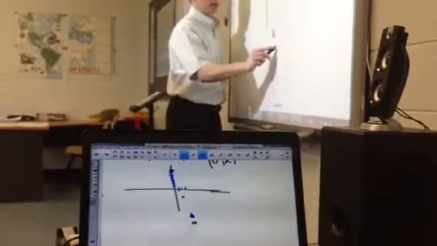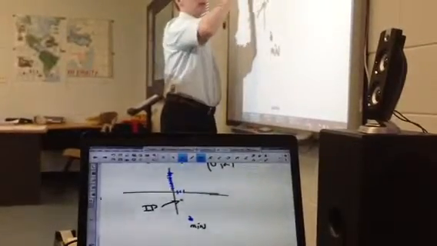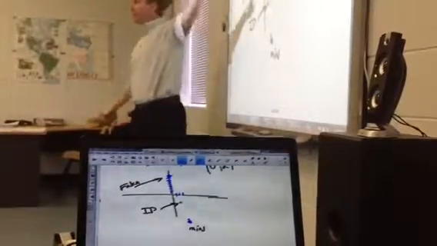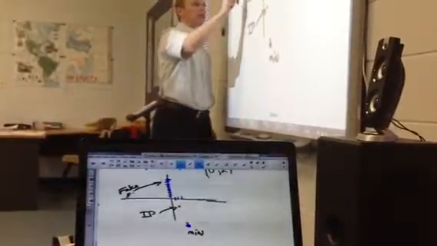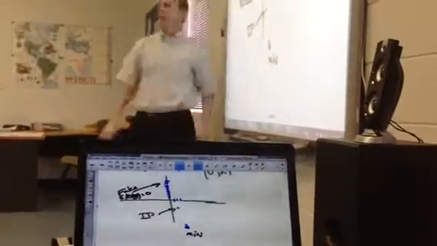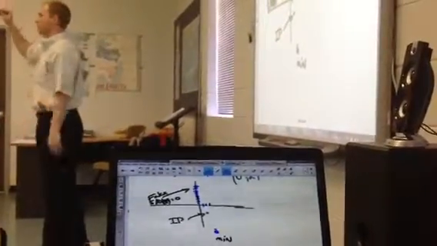Now this is a minimum point right here. This point is an inflection point. This point is a fake. Now at that fake, don't we know that the derivative equals 0? Which means slope. So even though it's a fake, which is not great, we do know that our graph has to level off there.